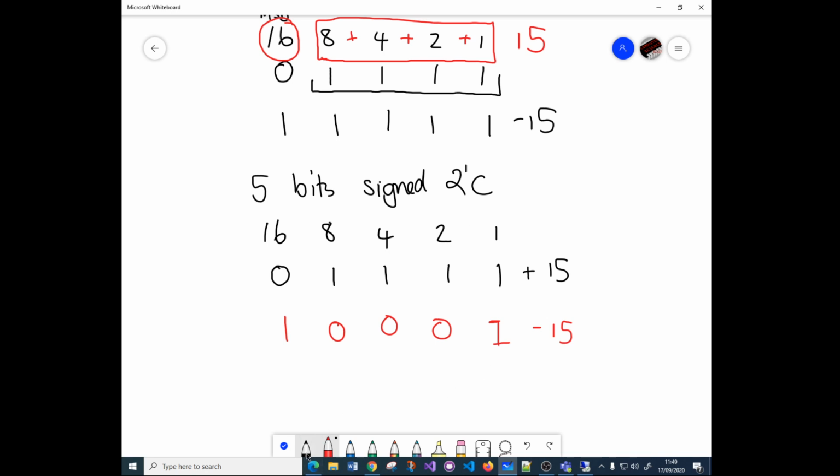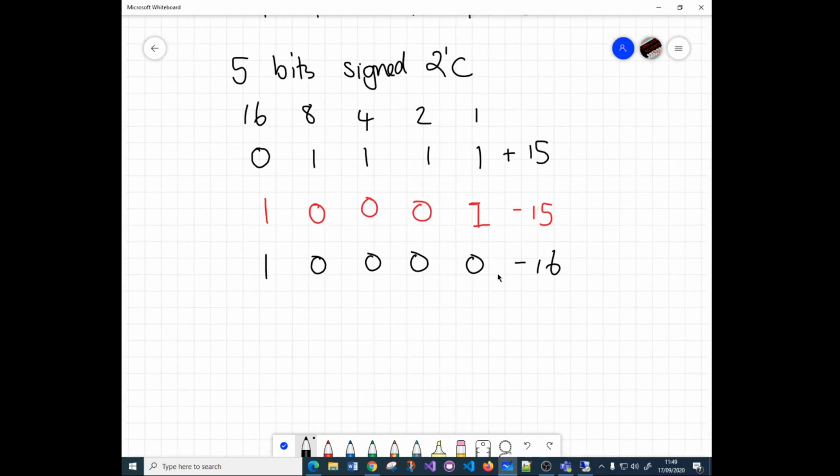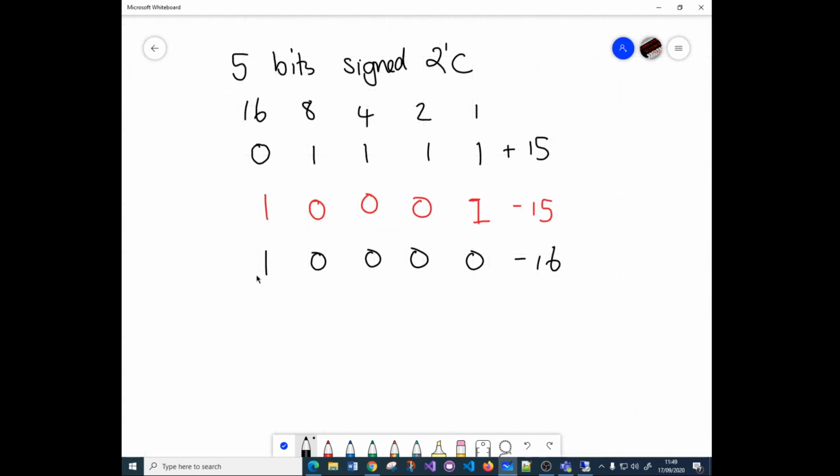So what would minus 16 look like? Well, you can't even write it, can you? But it actually looks like this. That's minus 16. But let's prove what it is. It's a negative number, we can see. We look at the sign bit. It's always about examining the sign bit.